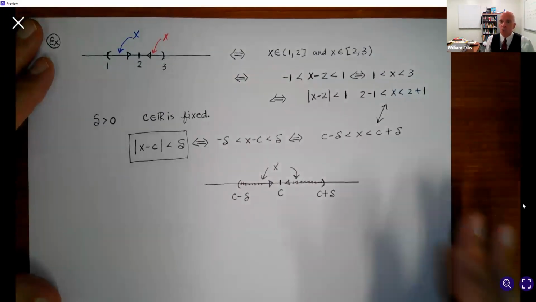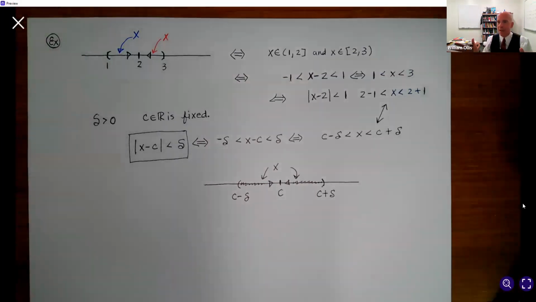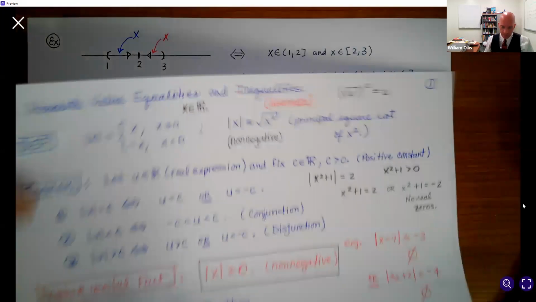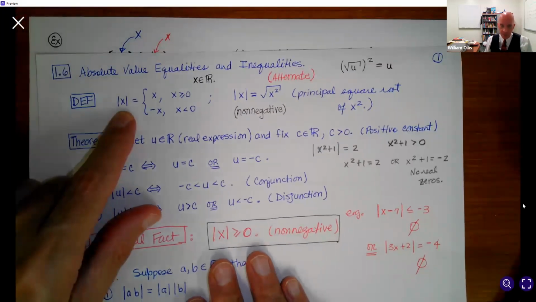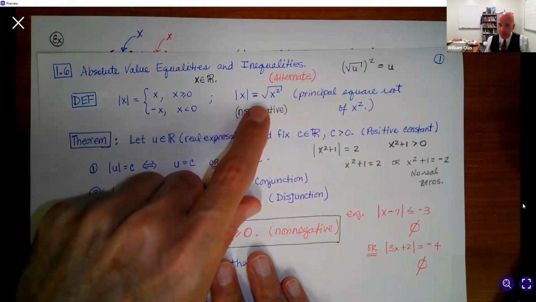So I don't want you to think that absolute value is just something that's thrown at you without any regard to where you're headed in mathematics. Absolute value is a significant function, and we will define it as such, which we've done here. This is defining the absolute value as a function, and with an alternate definition here.